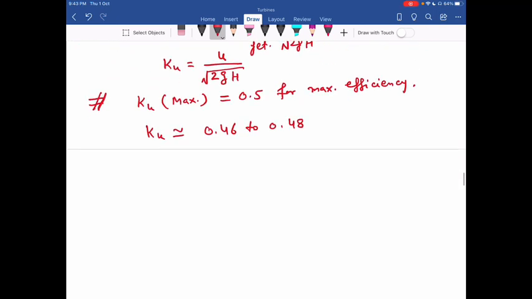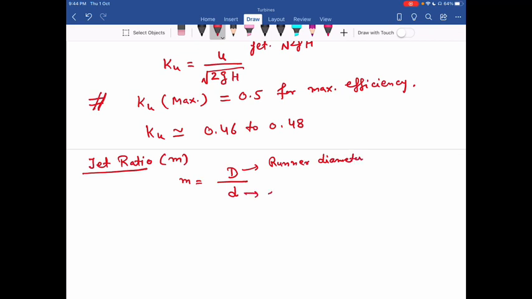The next is the jet ratio. Jet ratio is small m, and it is the ratio of dia of the runner to the jet diameter. So this is the runner diameter and this is the jet diameter.